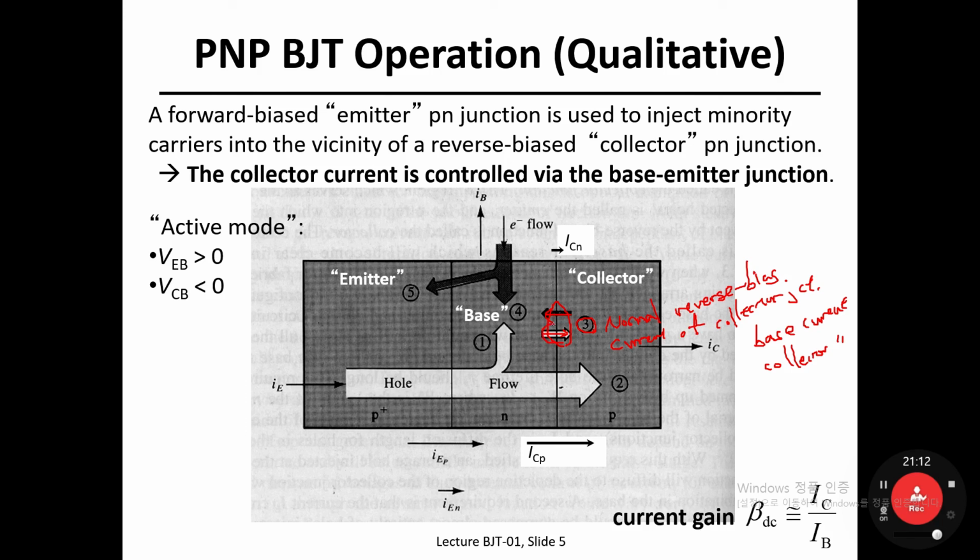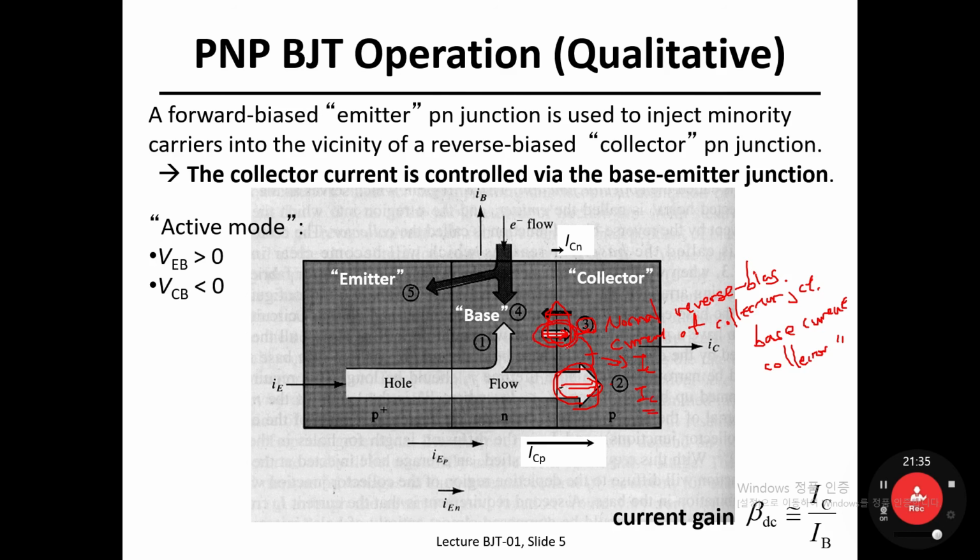So take a look at the color here. Number 2 and part of number 3 would become the collector current because it is flowing into the collector region. So this part, number 2, is the main one in determining I sub C, the collector current.